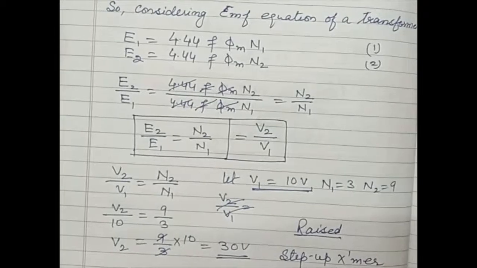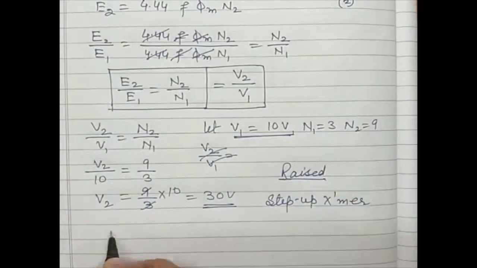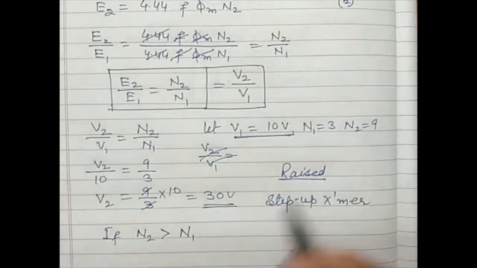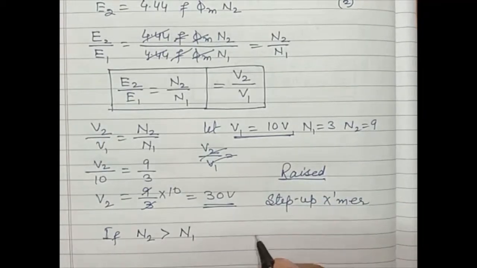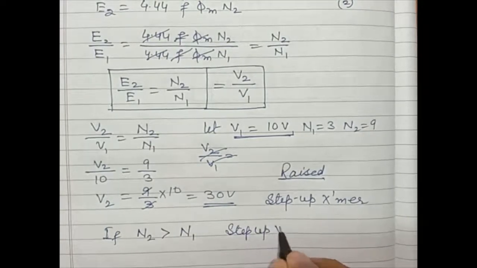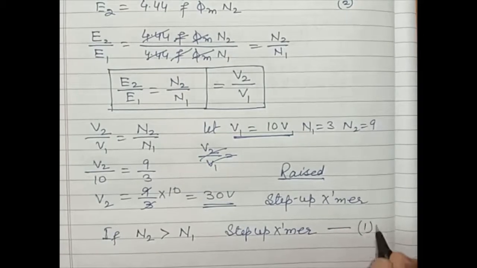Clear? It means if N2 is greater than N1, as in this case, the transformer is a step up transformer. This is the first point.